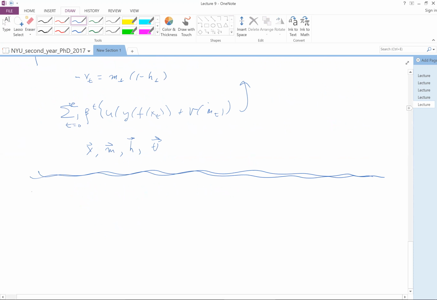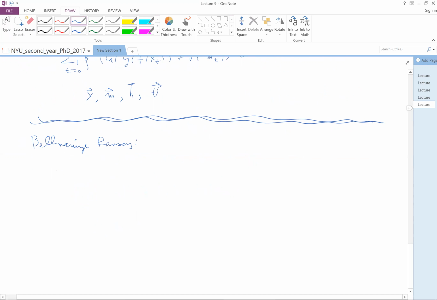So we're going to Bellmanize the Ramsey problem, and we're going to first do two subproblems. So subproblem 1, and the notion here is this is going to apply for t greater than or equal to 1, for a continuation Ramsey planner.